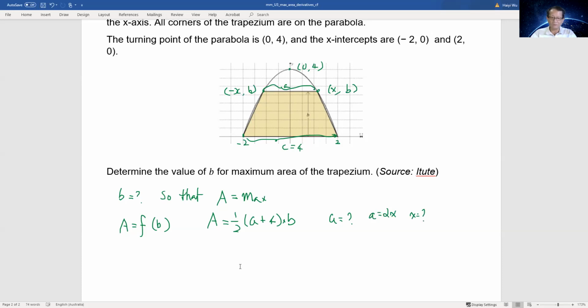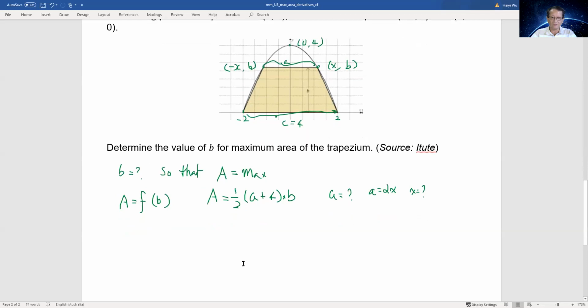That point is the intersection between this straight line and the parabola. The straight line is the function y equals b. That's the first relationship. Now we need the equation for the parabola.